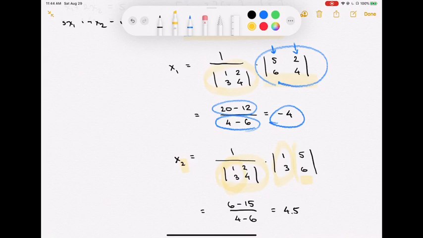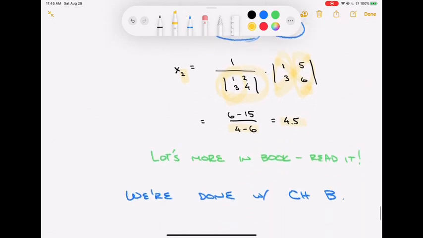The second column, which was originally 2 and 4, is going to be replaced by that observation vector of 5 and 6. So the bottom here is the same. It's still 4 minus 6. The numerator changes. The determinant here is 1 times 6 minus 3 times 5. So 6 minus 15 gives me minus 9 over minus 2. That is 4.5. You could certainly verify this through MATLAB.